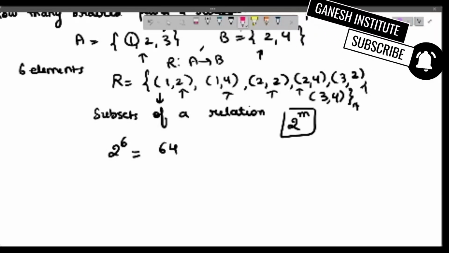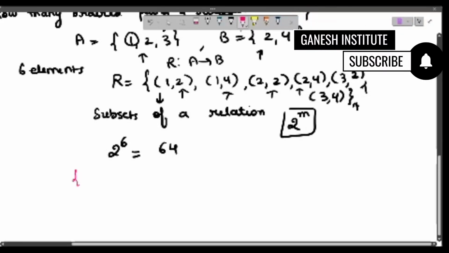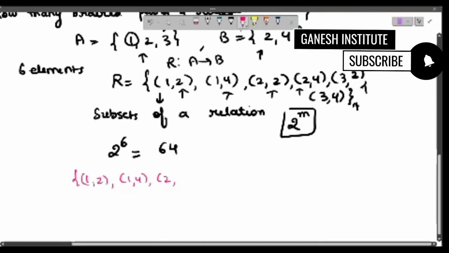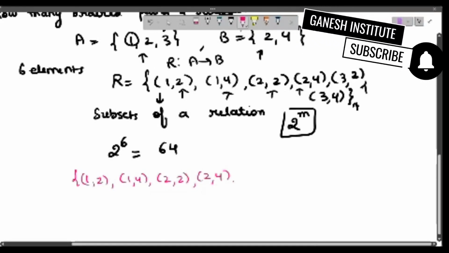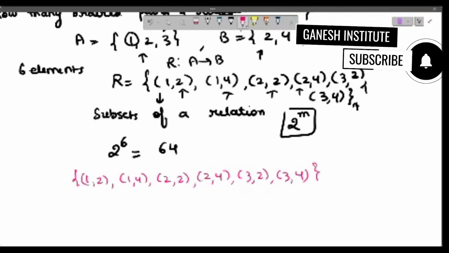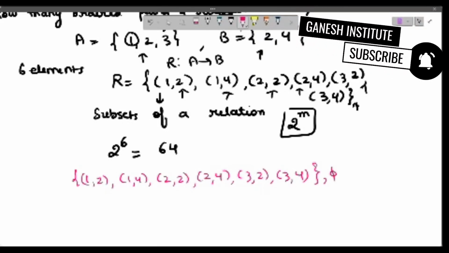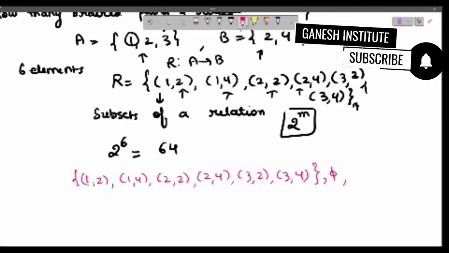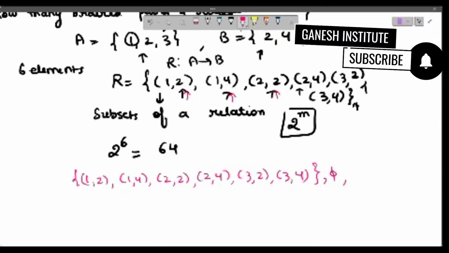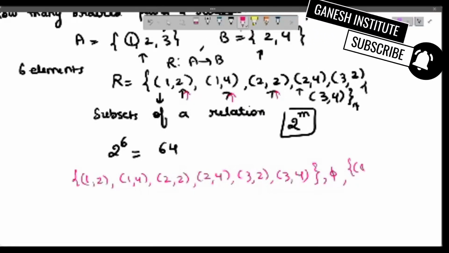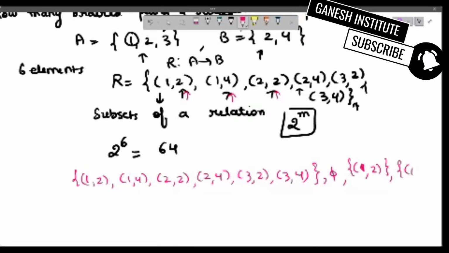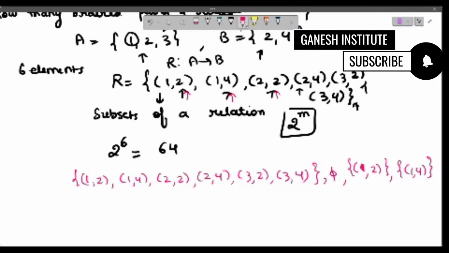How? You know that a set is a subset of itself, so this will of course lie here. Phi is a subset of every set. And then every singleton set, that is every elementary set, will form one set, right?